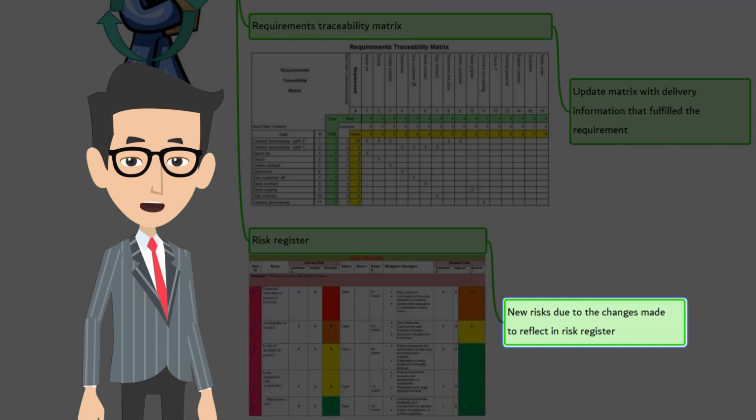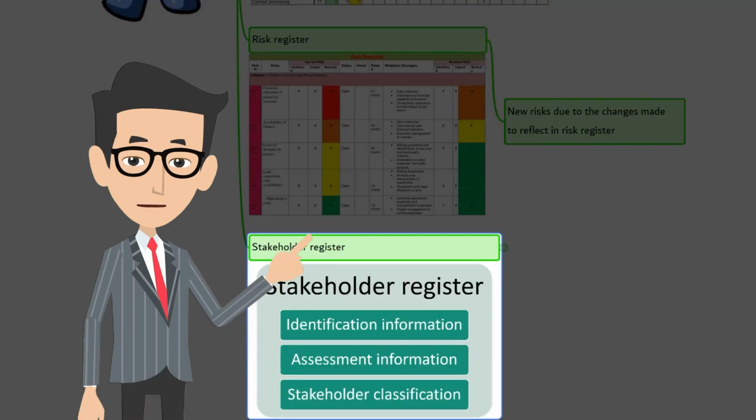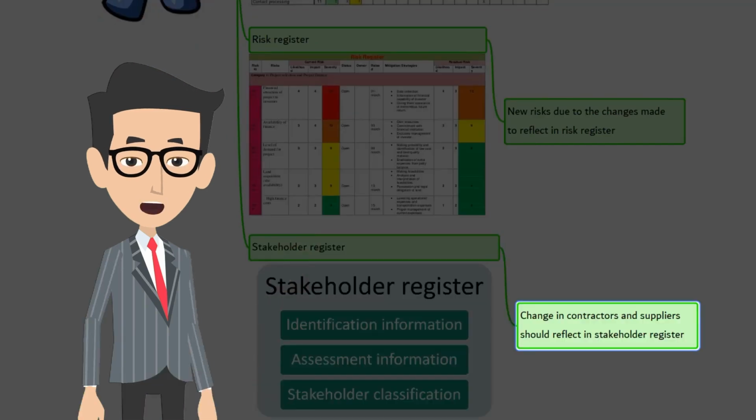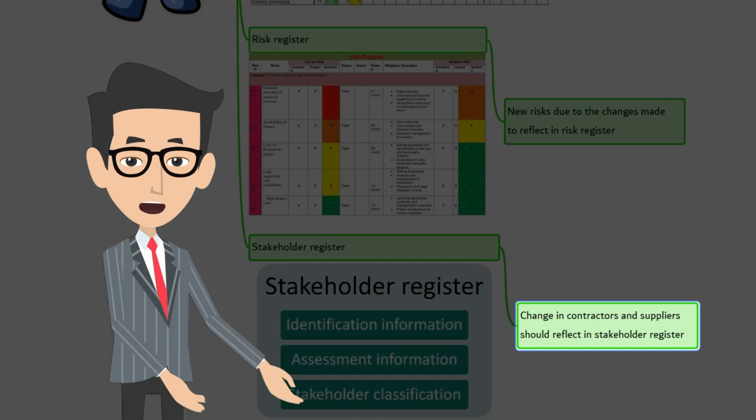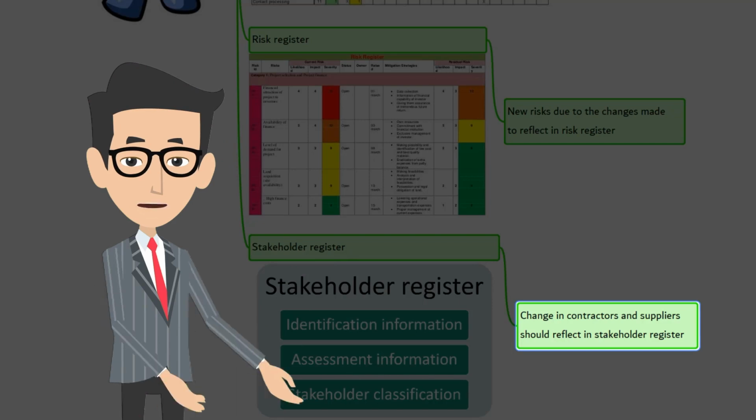Each approved seller will have their own list of risks. It might happen that the risks identified earlier are no longer applicable and new risks may be identified. Stakeholder register. As the work progresses through the execution phase, the contractors and suppliers may change. These changes should be reflected in the stakeholder register.